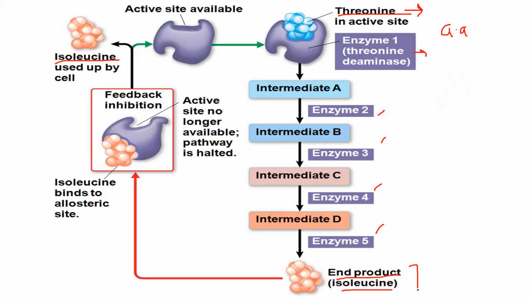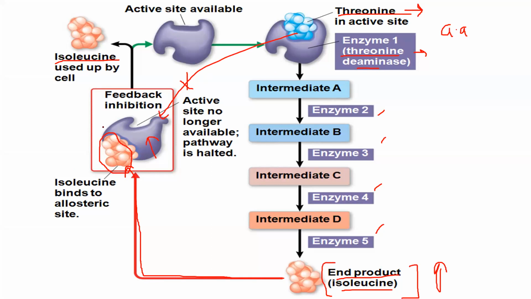So the end product, when the concentration is high enough, okay, it will cause the isoleucine to bind to the allosteric site of the first enzyme here, okay, threonine deaminase. It will bind to the allosteric site and causes the enzyme to change shape, and threonine cannot enter the active site and the reaction is stopped.